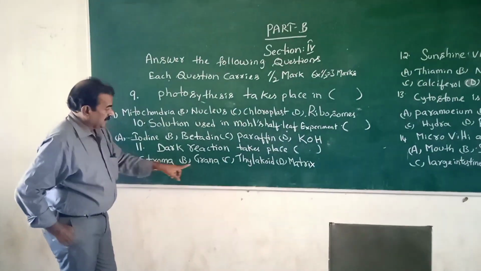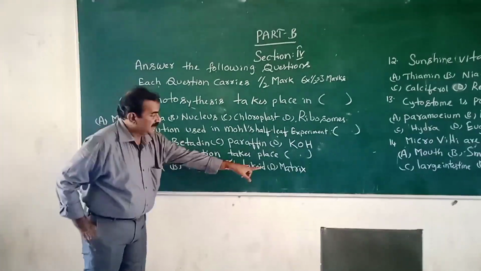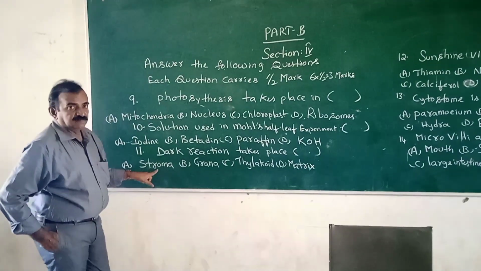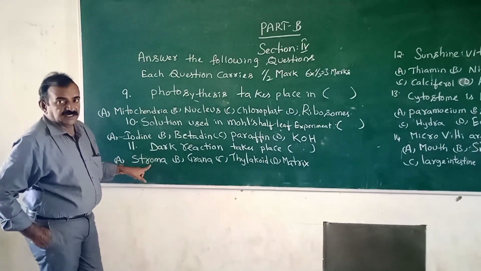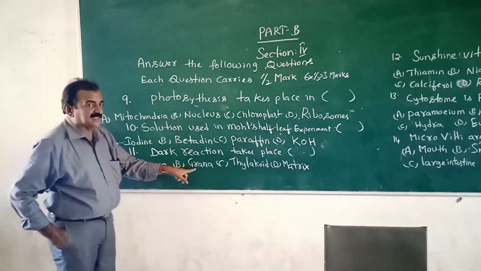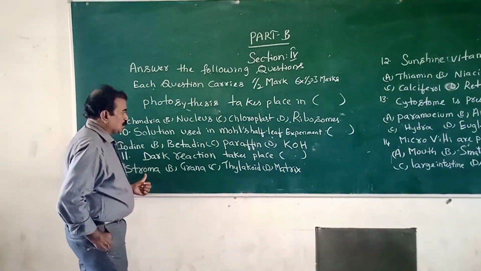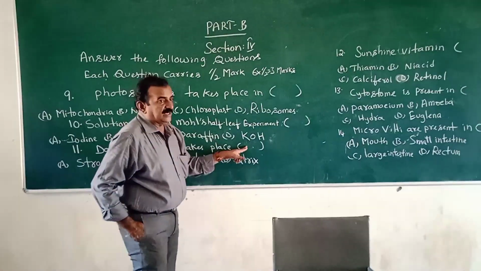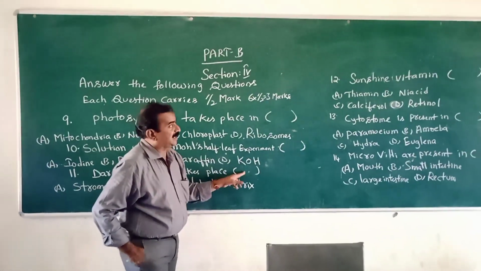Stroma, grana, thylakoid, matrix. Stroma is correct. Dark reaction takes place in the stroma. Light reaction takes place in the grana. The answer is stroma. Capital letters only, not small letters.